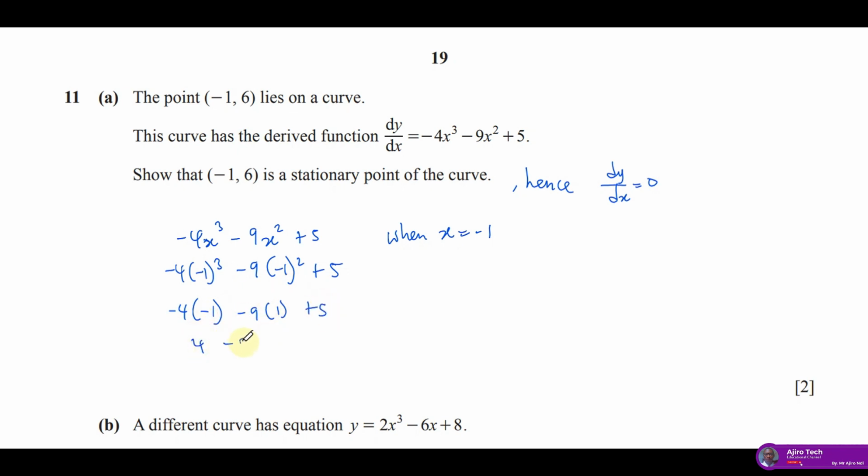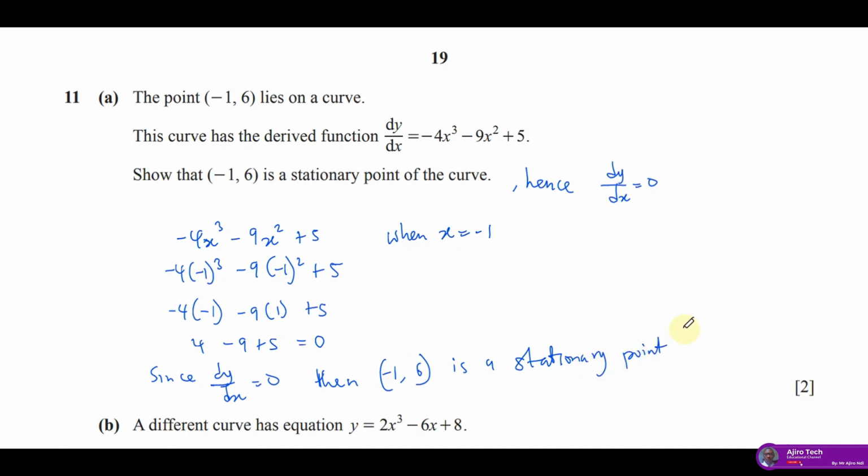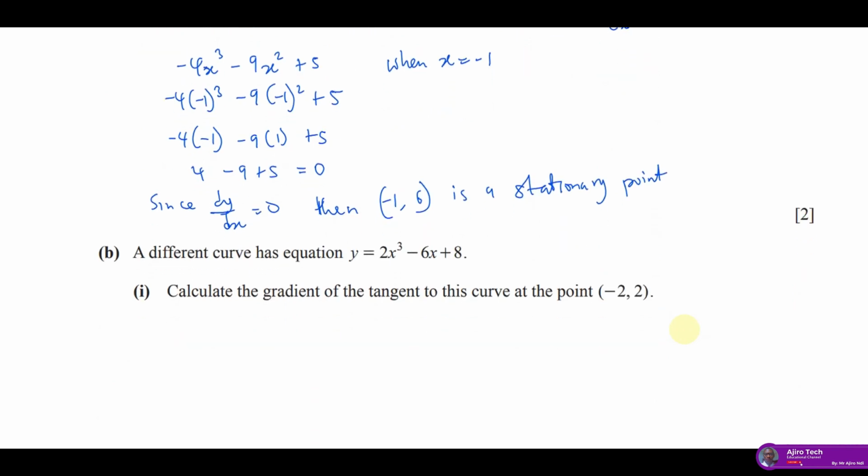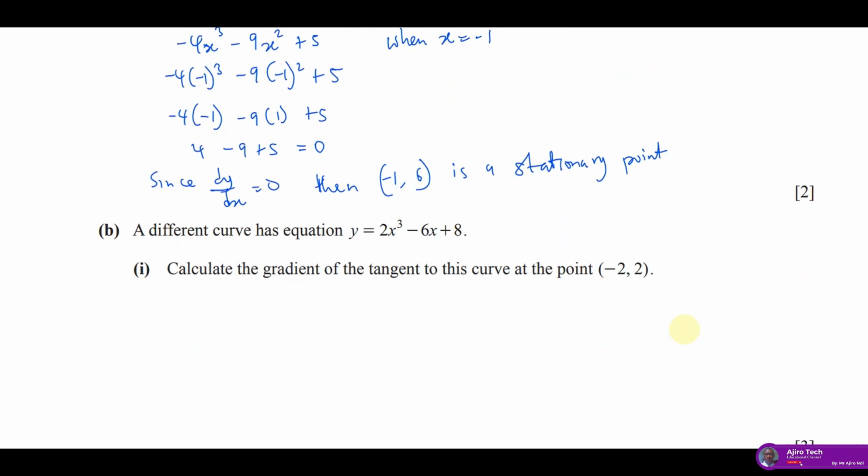This is 4 minus 9 plus 5, equal to 0. Hence, it is a stationary point. Since dy/dx is 0, then -1,6 is a stationary point.